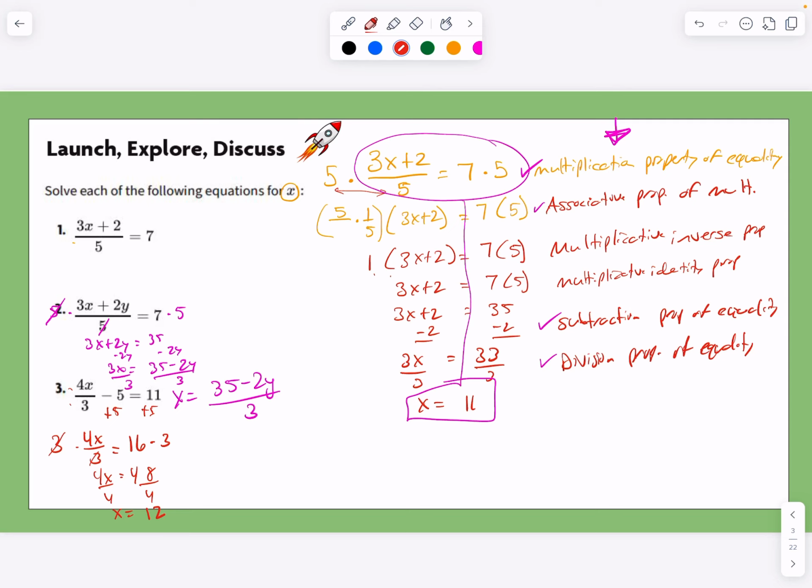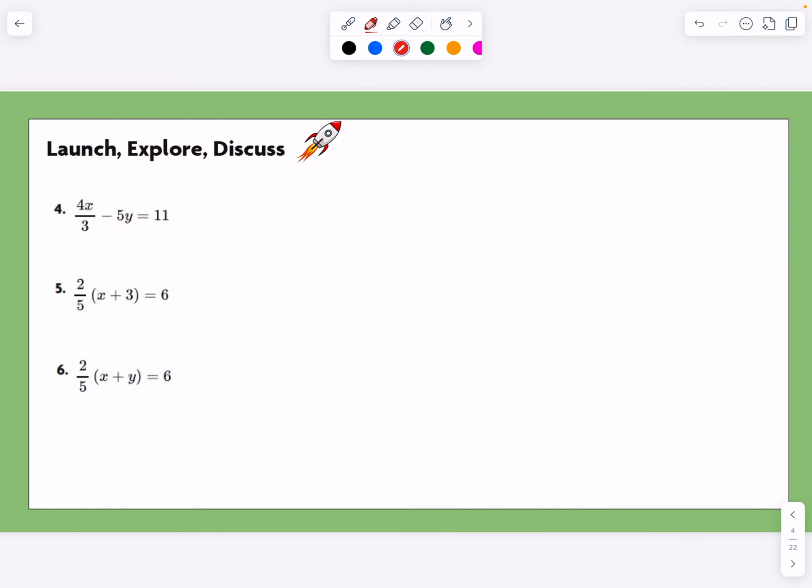Okay, so again, using these terms as we're going along, because that's what this part of this lesson is about. For number 4, same idea. I'm going to write over here, so some space. So 4x divided by 3 minus 5y equals 11. I'm going to add 5y to both sides, so that I have 4x over 3 equals, now I could write 5y plus 11, or 11 plus 5y.